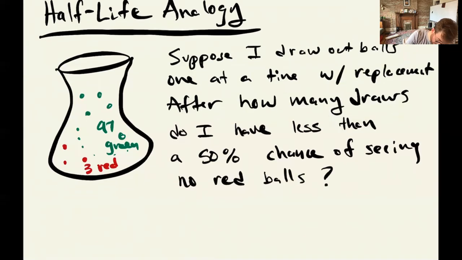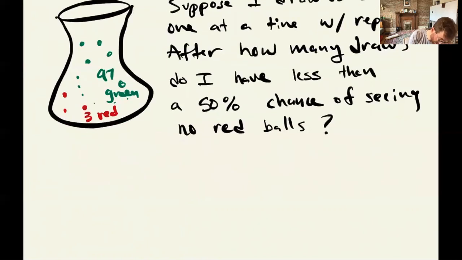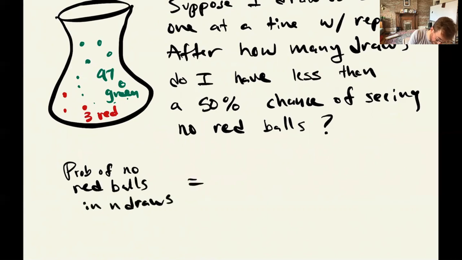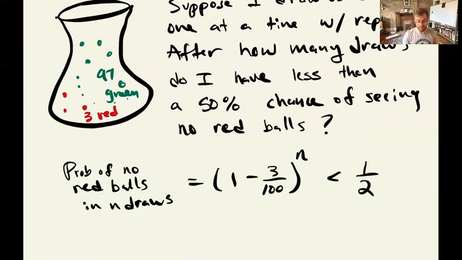So what does this amount to? Well, it really amounts to the following question: the probability of no red balls in n draws is equal to (1 minus 3 over 100) raised to the n. And what we're trying to do is find when this is less than a half.